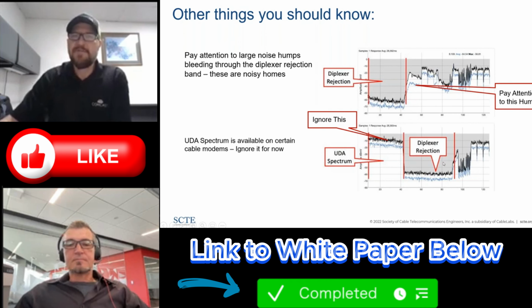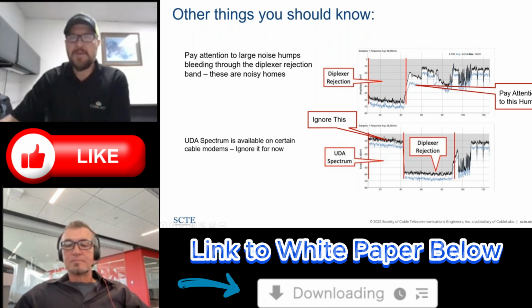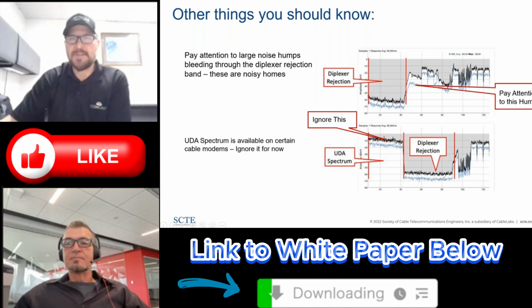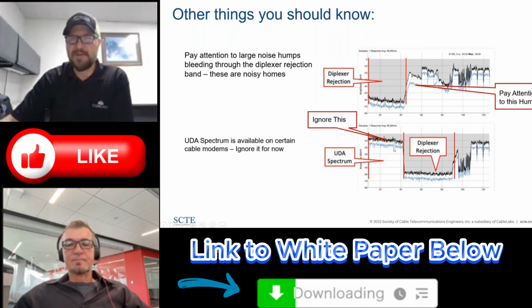However, other devices, newer DOCSIS 3.1 devices, may have switchable diplexes so that they can be configured to work in mid-split operation, in which case the diplex rejection moves out to about 85 megahertz. So this would be a mid-split capable device that has diplex rejection to a higher frequency. So understanding which device you're looking at, and then to Larry's point, not all mid-split capable devices will have this UDA spectrum in them.